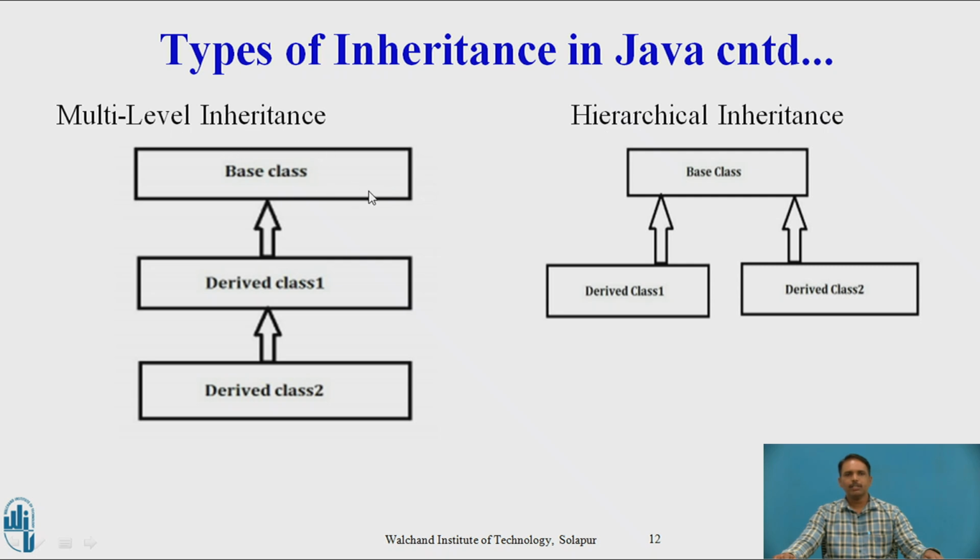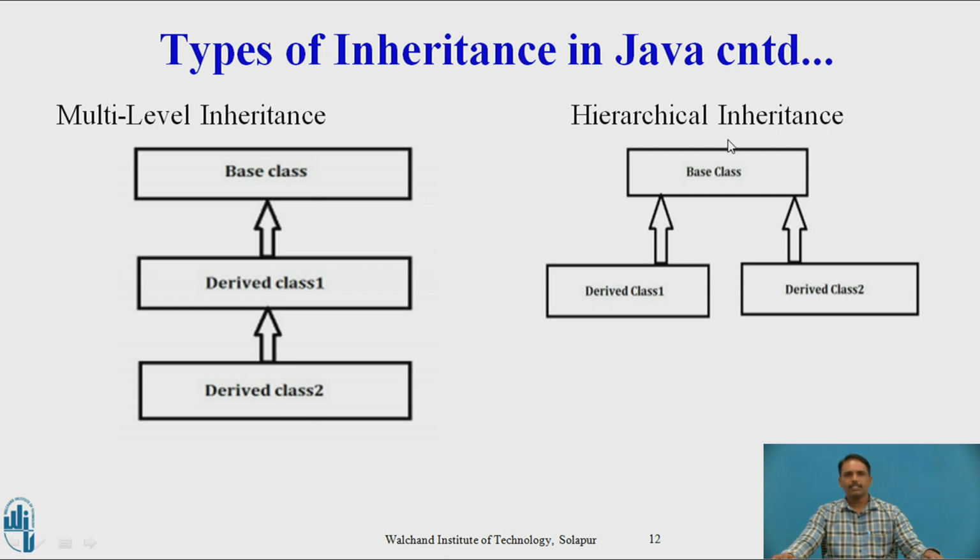It is used in many real world applications where one base class is derived by one derived class, and again that derived class is derived by another derived class. So here there is a relationship called parent, child and grandchild. This is how multi-level inheritance is supported in Java.